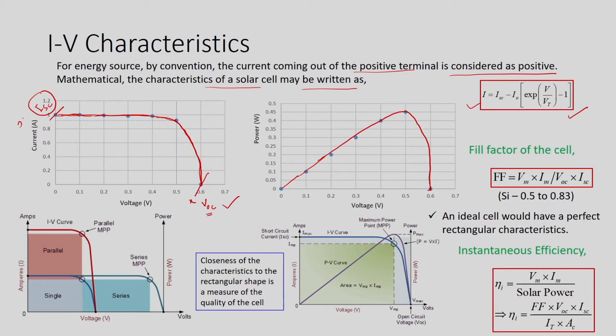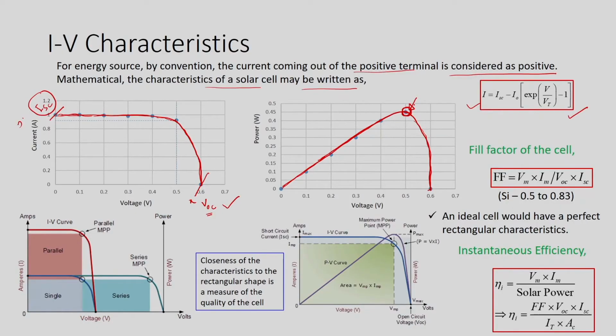In every case we will have this kind of plot, passing through a maximum and then reducing to 0. This maximum point is very, very important. If we can operate our system at this maximum point, we are expected to have higher power conversion, and of course higher solar energy conversion efficiency.